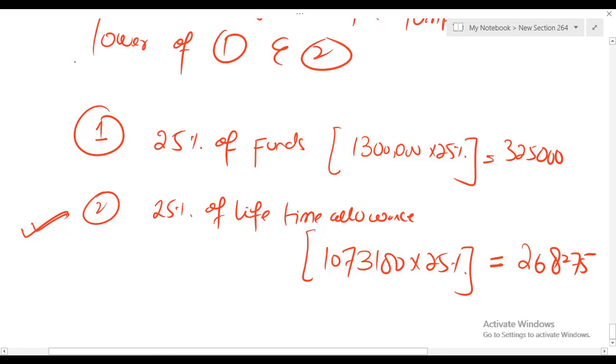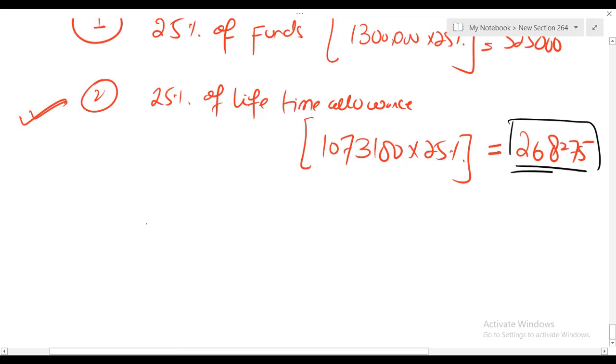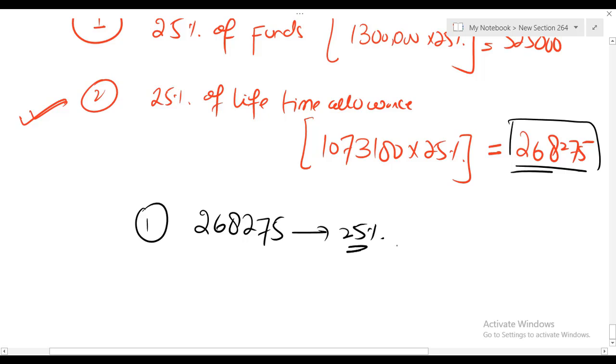So this gentleman is entitled to a tax-free lump sum of 268,275 because the rule says lower of. Number 1, 268,275, which is 25% of lifetime allowance. This is tax free.